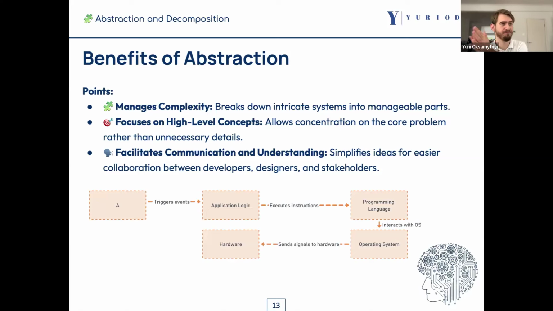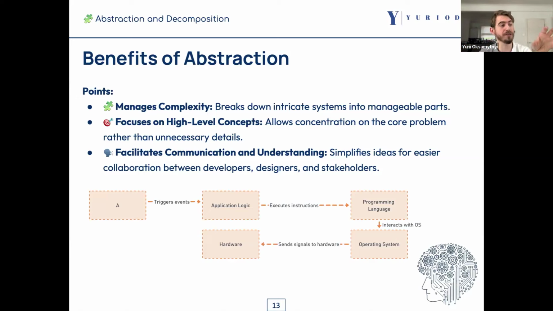Let's say there is some event A, let's say we are clicking on the button A. It triggers some event of application logic, where we have execution instructions that go to the programming language that is processing these instructions.